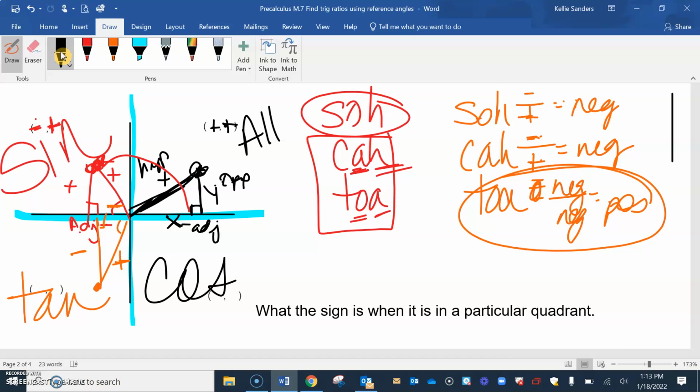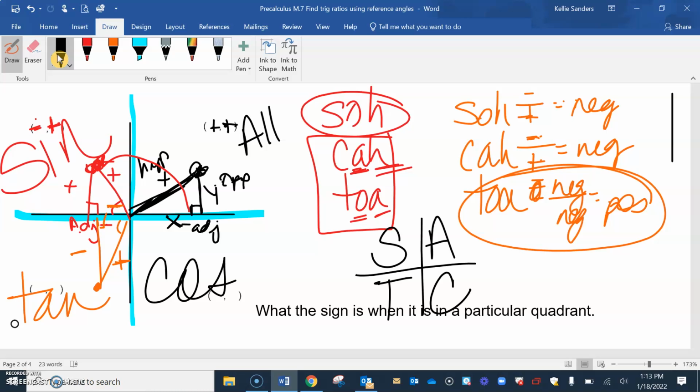And again, my teacher, let me back up. When we were learning this, everything that is positive, because I just wrote a big plus sign, all students take classes. Just go counterclockwise, 1, 2, 3, and 4.